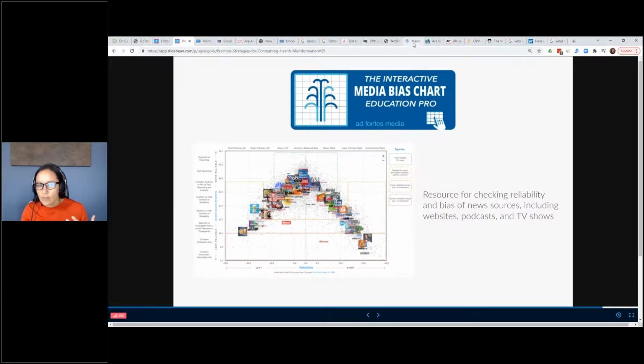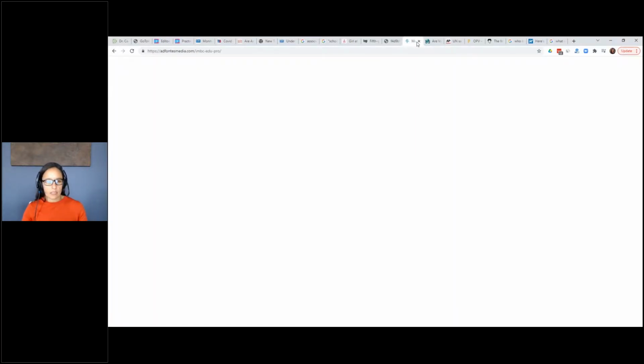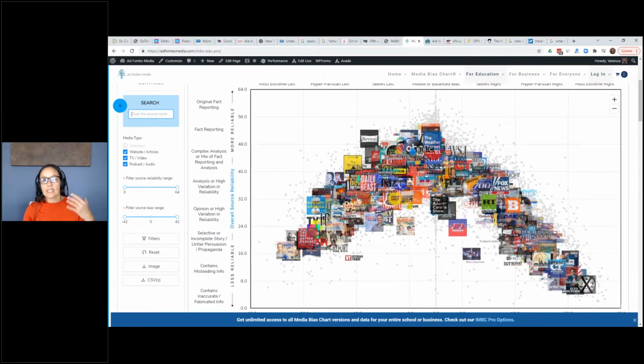Yes, we can see the media bias chart. Okay, this is going to take a second to populate, but our Interactive Media Bias Chart Educator Pro is fully updated with all of our rated news sources across websites and podcasts and TV shows.